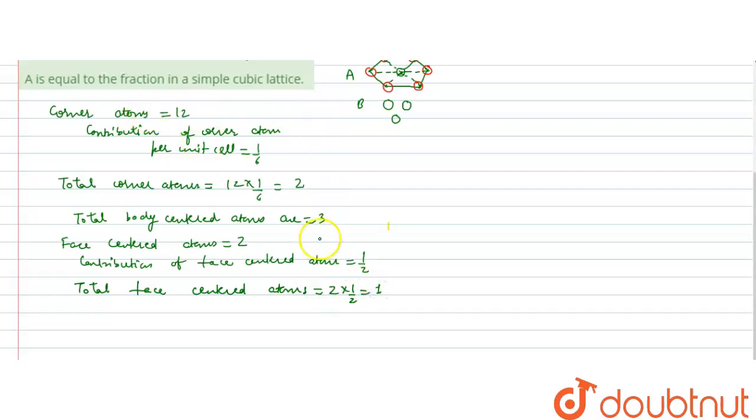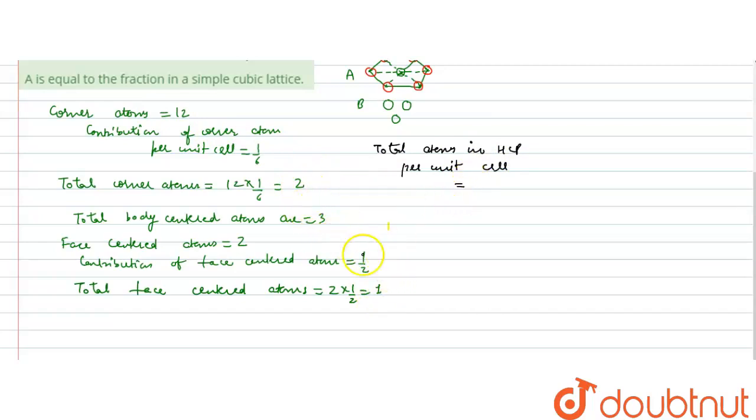Now the total number of atoms which are present in one unit cell of HCP, we can write, total atoms in HCP per unit cell. So that would be 2 contributed by corner atoms, 3 contributed by body centered, and 1 contributed by face center.